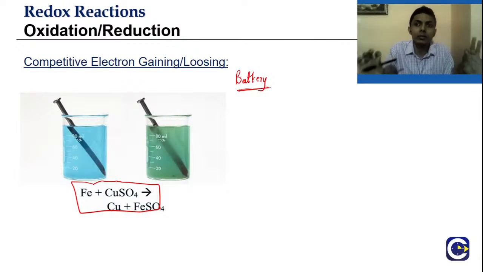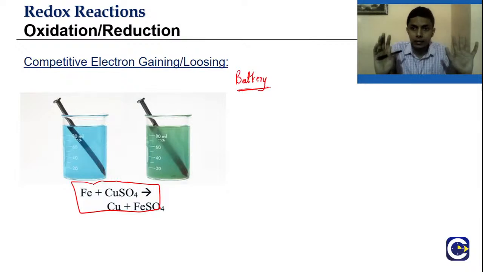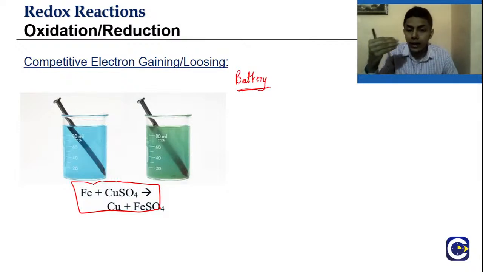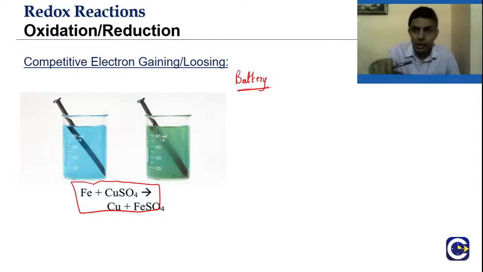This is the principle of an electrochemical cell. So how does the energy liberated during a chemical reaction get converted to electrical energy? That is by movement of electrons, isn't it? And how does this movement of electrons happen? It will happen by this redox reaction only.